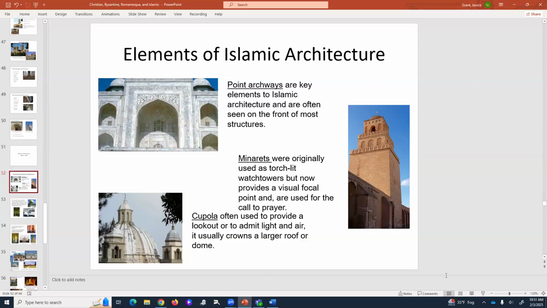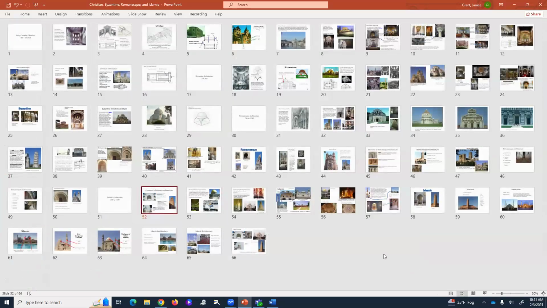So it's pretty interesting that these building elements have a lot of significance to them.